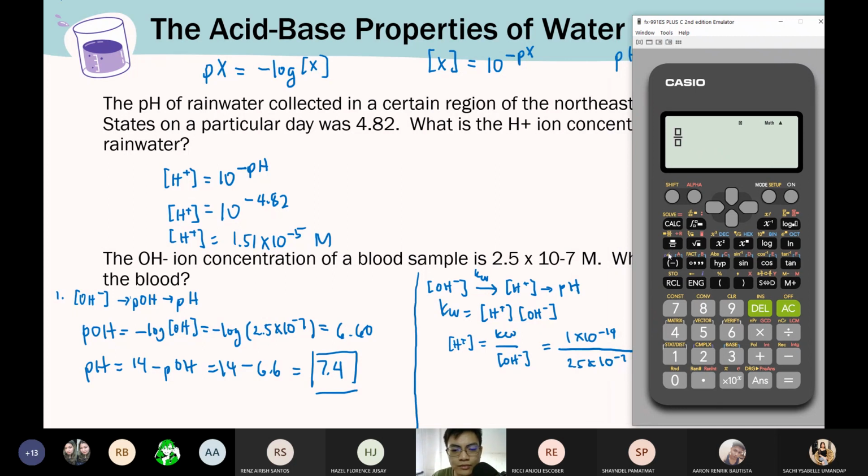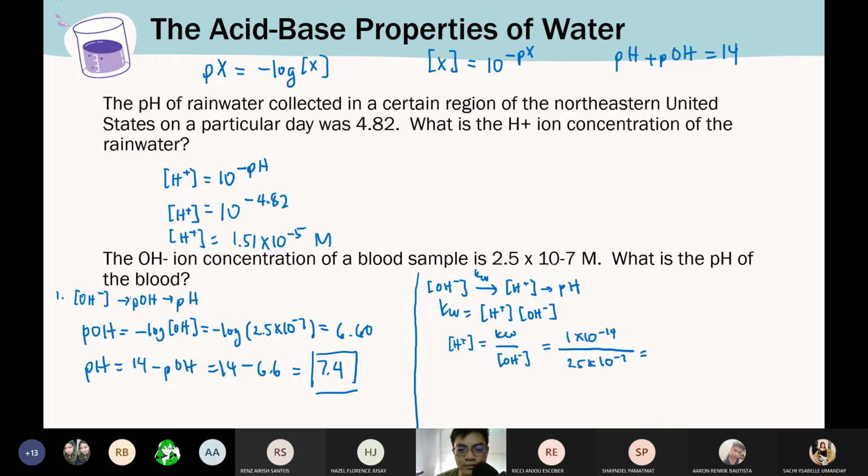1 times 10 raised to negative 14, and then 2.5 times 10 raised to negative 7. Okay. So that's 4 times 10 raised to negative 8. So that's the concentration of H plus. Then we can get the negative log na.